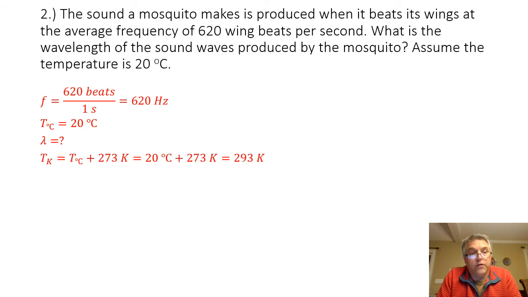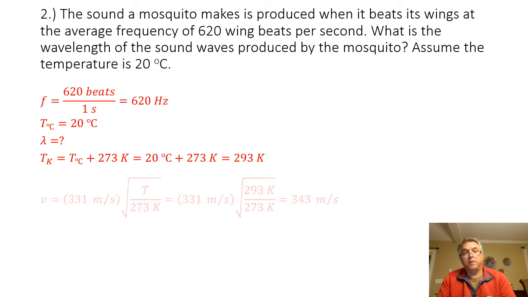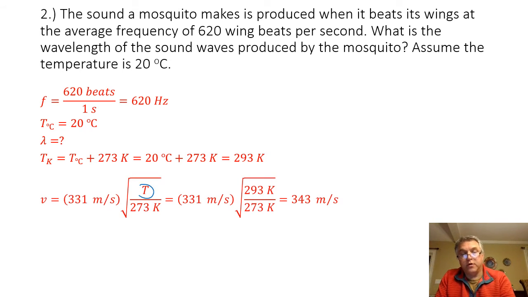So to convert from Celsius to Kelvin is, again, a simple thing to do. I simply take my Celsius temperature, add 273 Kelvin to that. So 20 plus 273 will give me a Kelvin temperature of 293 Kelvin. I can then plug that into my wave speed formula because remember, this temperature always has to be in Kelvin.